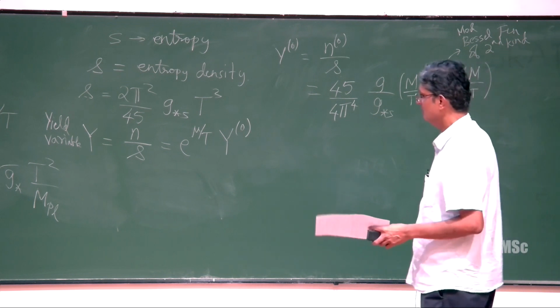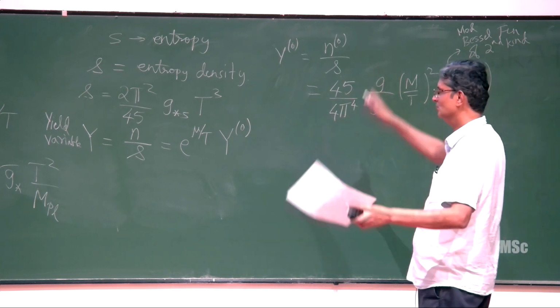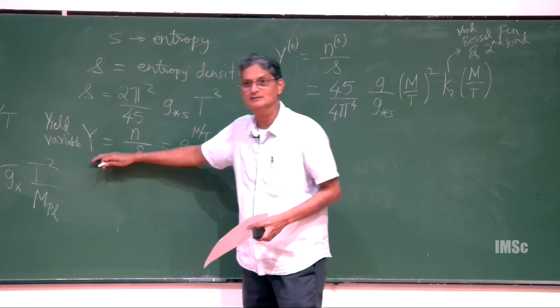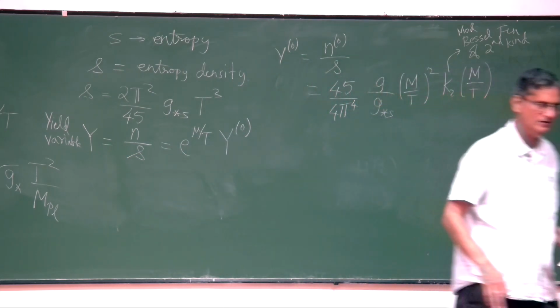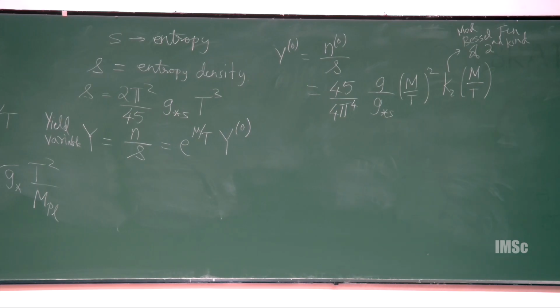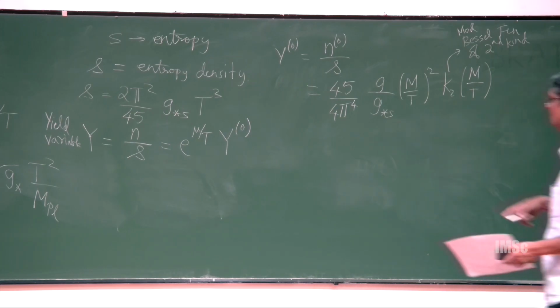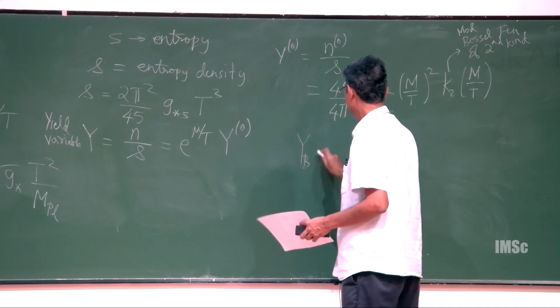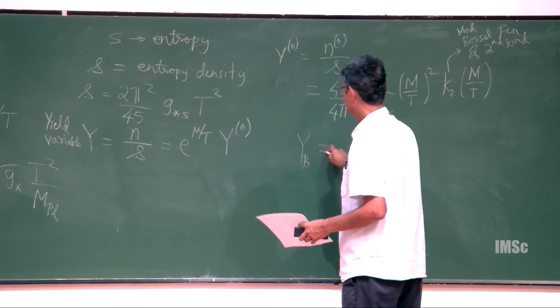So this is an important quantity. The reason why I summarized all of this is I wanted to tell you the expression for Y, because when we solve for the baryon asymmetry, we are going to equivalently solve for this Y. So for baryons, I can do the same thing.